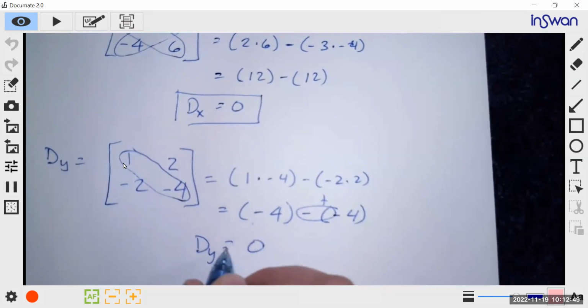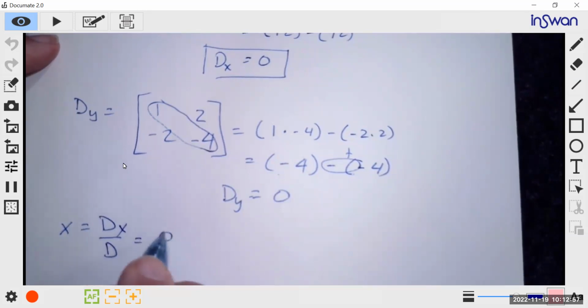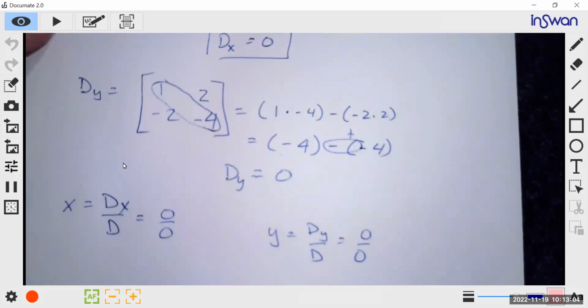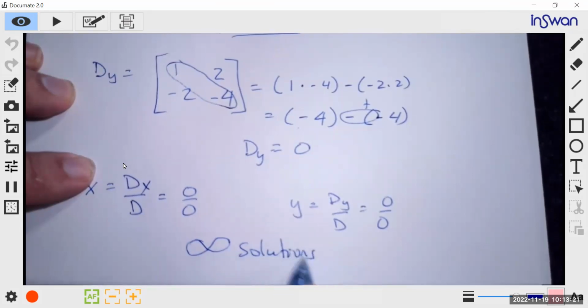Negative 4 plus 4 is 0. Since all of the values, D, Dx and Dy, equal 0, we have an infinite number of solutions. They're the same lines.